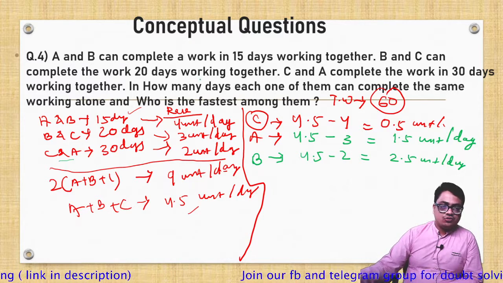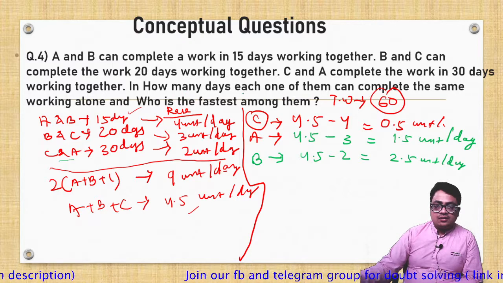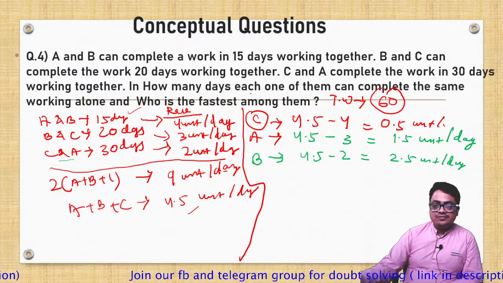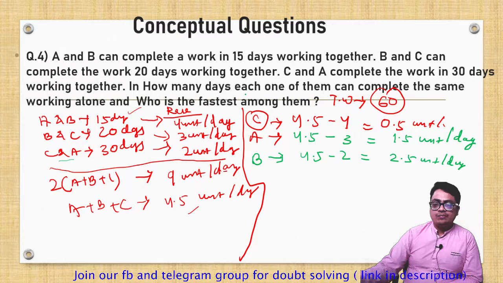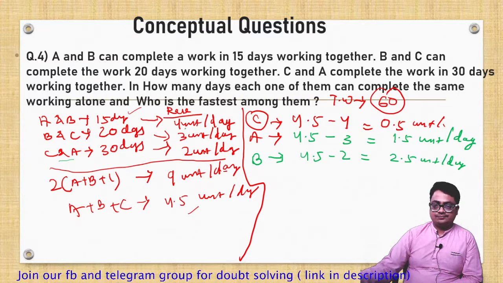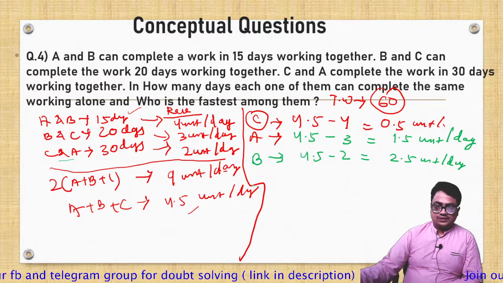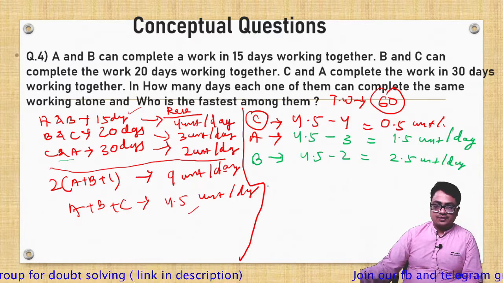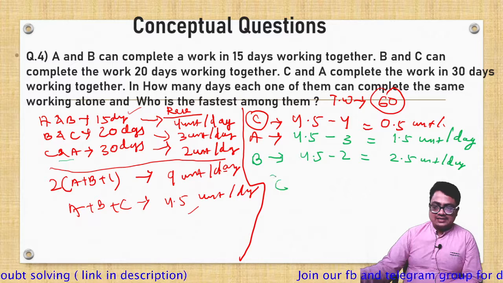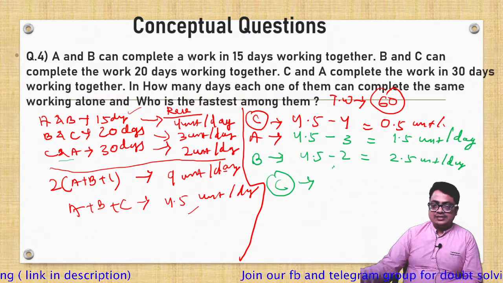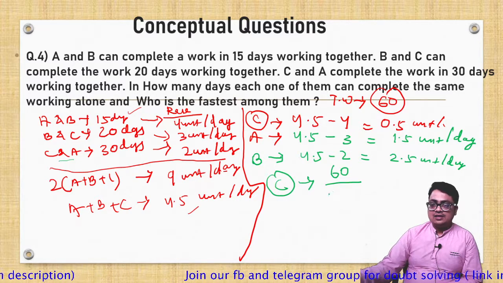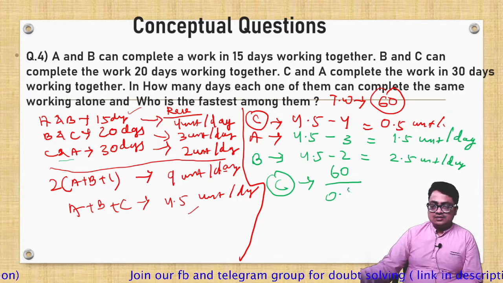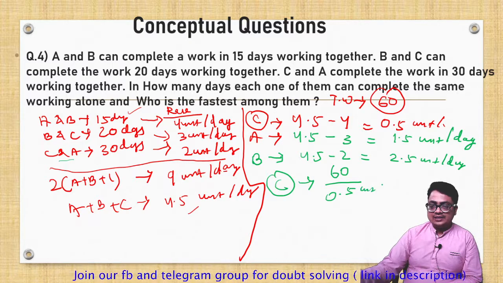So how many days is each one of them taking to complete the work? Let us say in the first case, C will be doing 60 units of work at the rate of 0.5 unit per day.